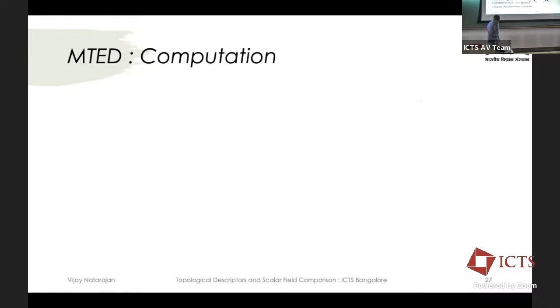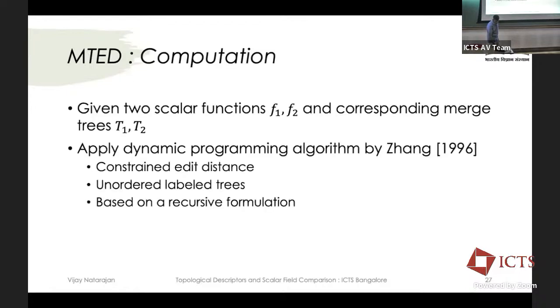A lot of this work was done by Zhang, and our algorithm follows from Zhang, who looked at ordered trees and so on. In the general case, this edit distance is NP hard to compute, but we look at what is called a constrained version, which is meaningful. In addition to the edit operations that I talked about, I allow for only certain relabels.